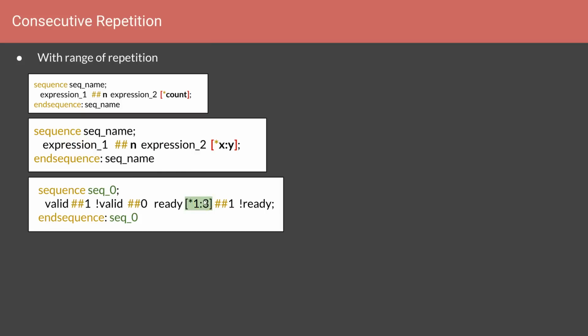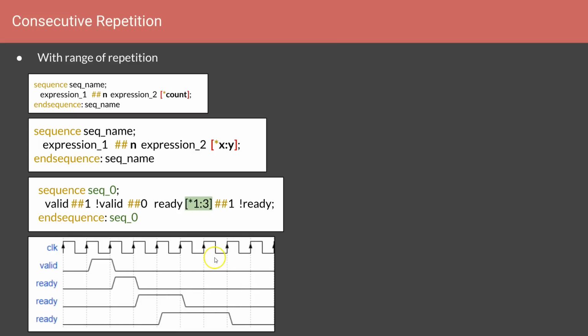Now, in the same example as in the previous slide, instead of specifying a constant consecutive repetition, we are specifying a range of consecutive repetition, like *1:3. It specifies a consecutive repetition of anything between 1 to 3 cycles. Here is a waveform that satisfies the sequence. You can see that valid and ready combinations are specified.